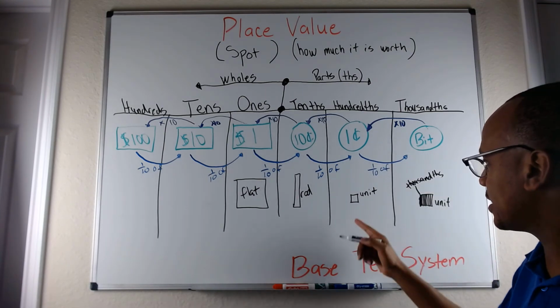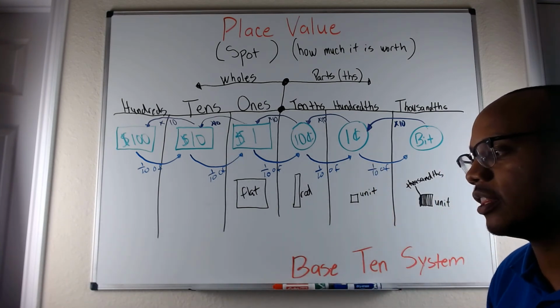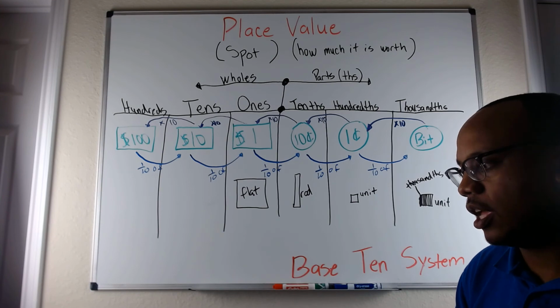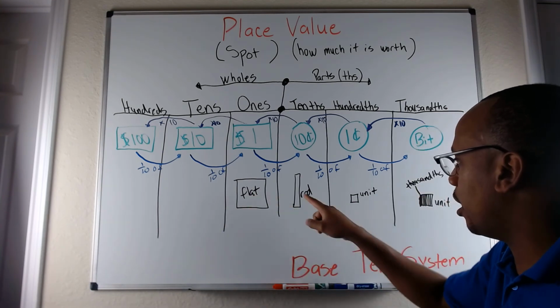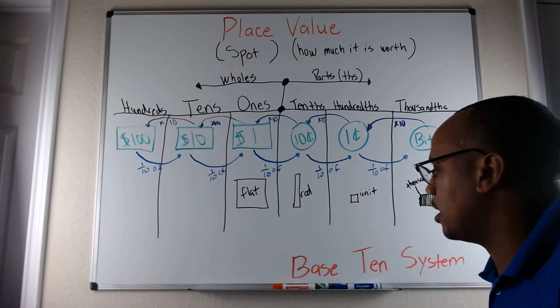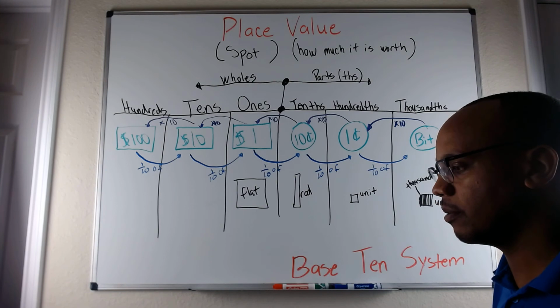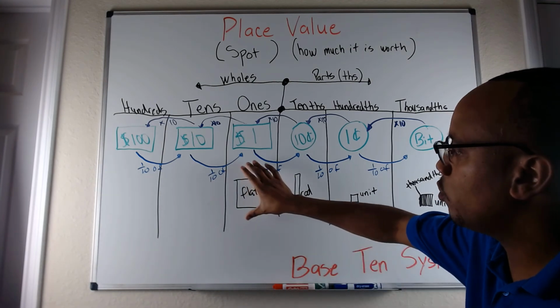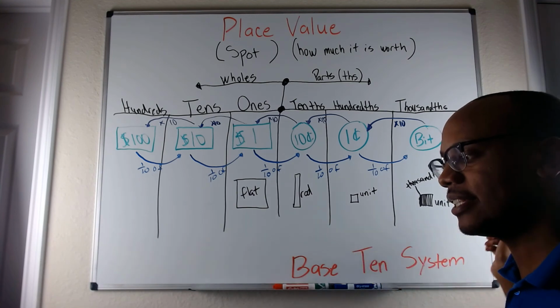All right? It's just taking a unit and decomposing it into tenths. And each one is worth a thousandth. Right? So I want to show you that a flat does not mean 100. A rod does not mean 10. And a unit doesn't mean 1. There's no number tied to them. It's whatever you assign to be one whole, then decompose the other ones in the base 10 system right behind it.